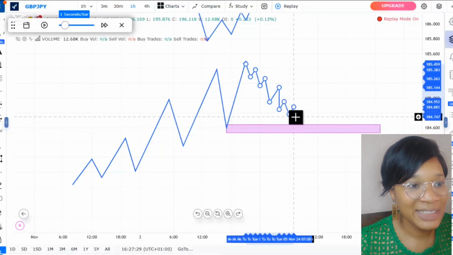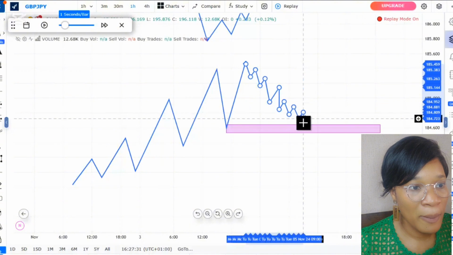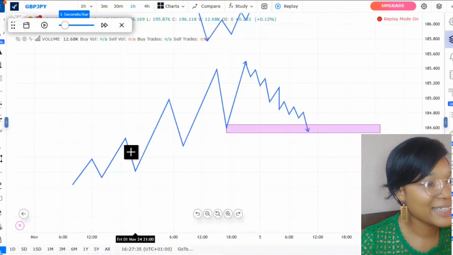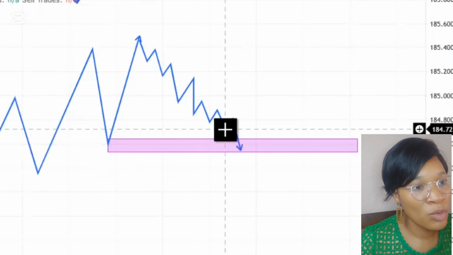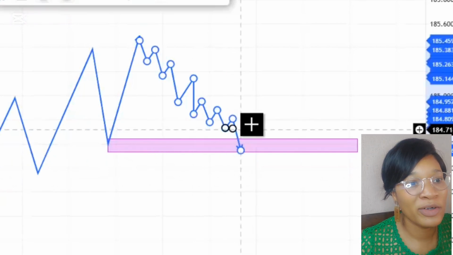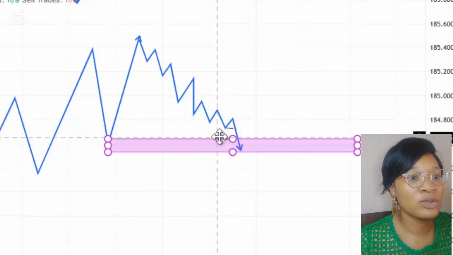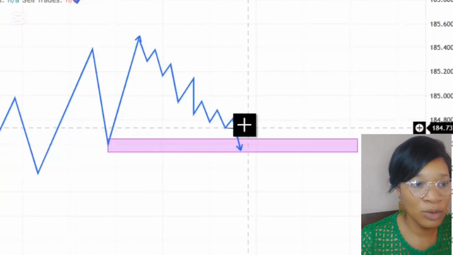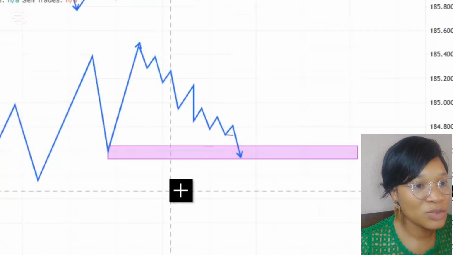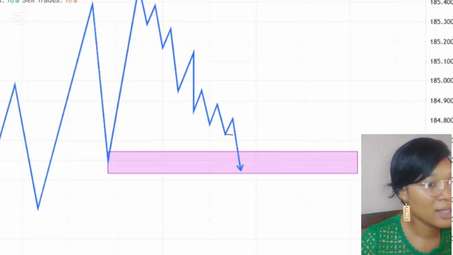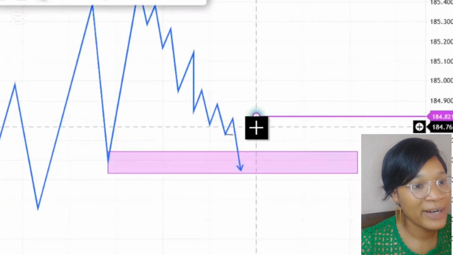So now that it has entered into that buy zone, this is the last existing low. This is the lowest point that price got to before it went into that zone. So it is like the last swing low.